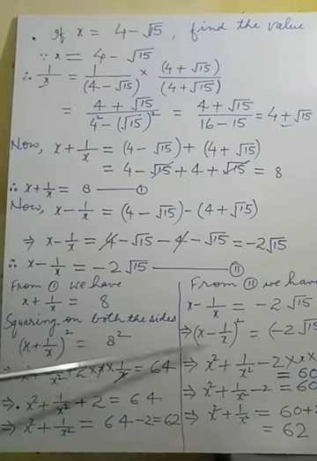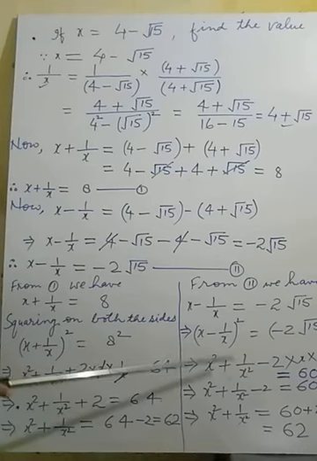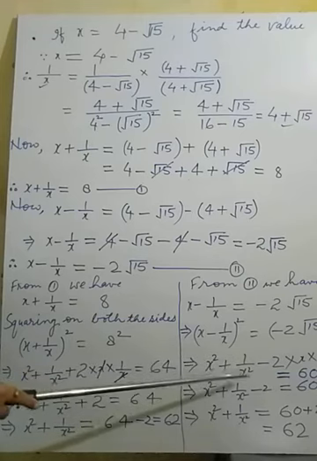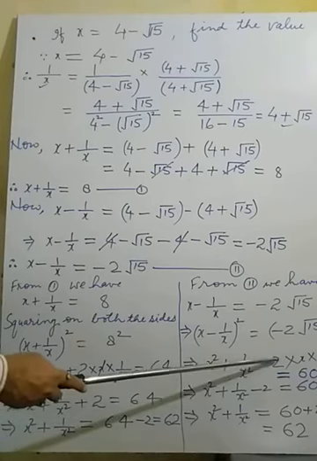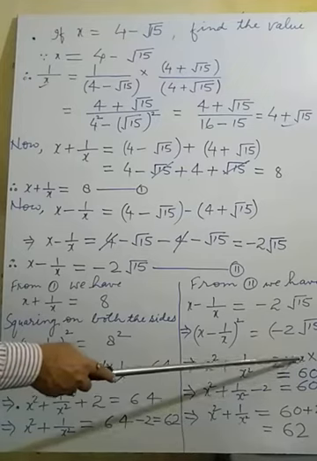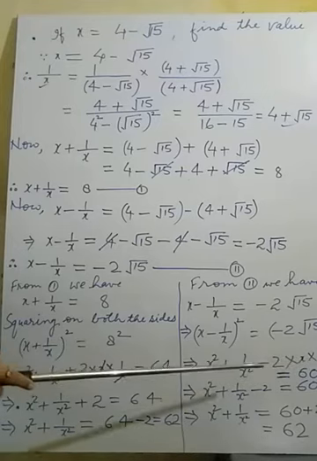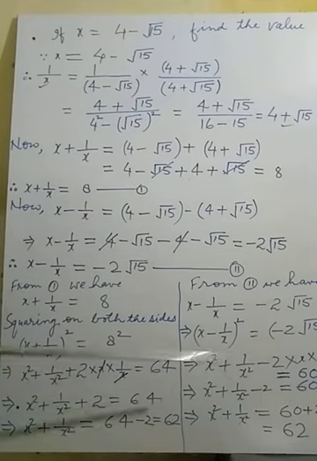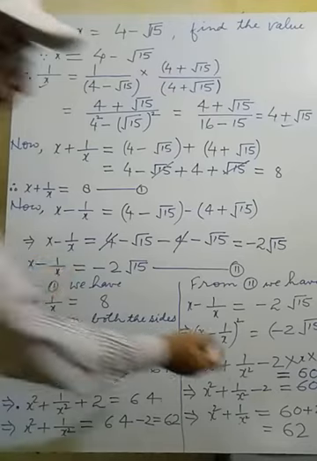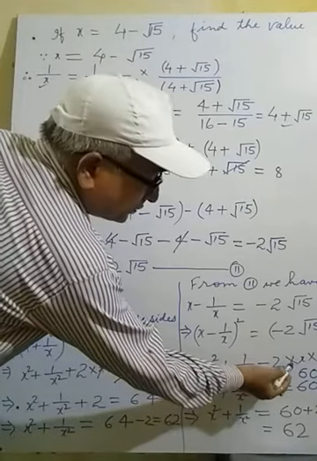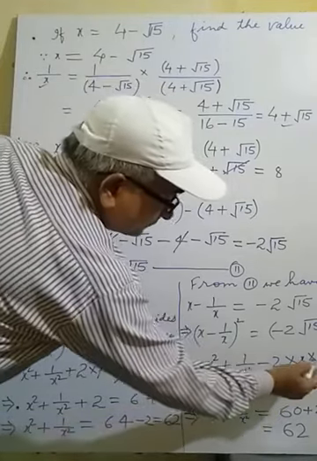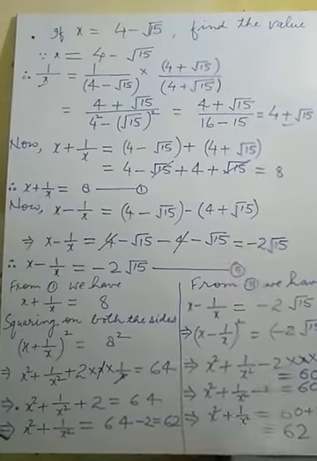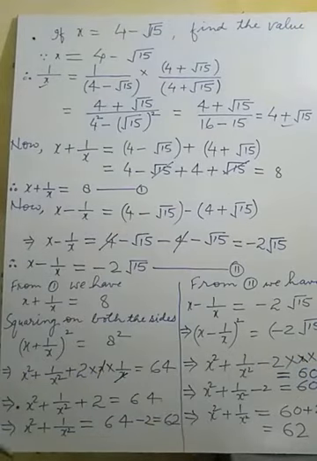So a square means x square plus b square means 1 upon x square minus twice into x into 1 upon x. Now see what will be there. If you simplify this, twice into x into 1 upon x, both will be cancelled here because same factor numerator and same in denominator.